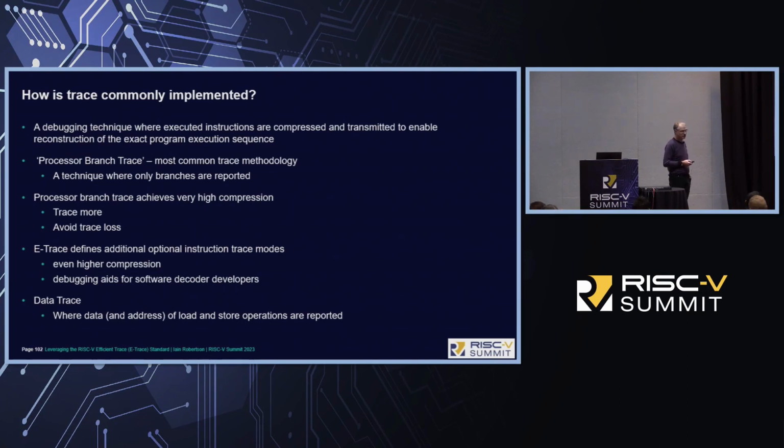It also includes some additional optional modes which offer even higher compression, as well as some debugging aids for software decoder developers. It also includes data trace. Data trace takes the address and data of loads and stores and traces that as well.